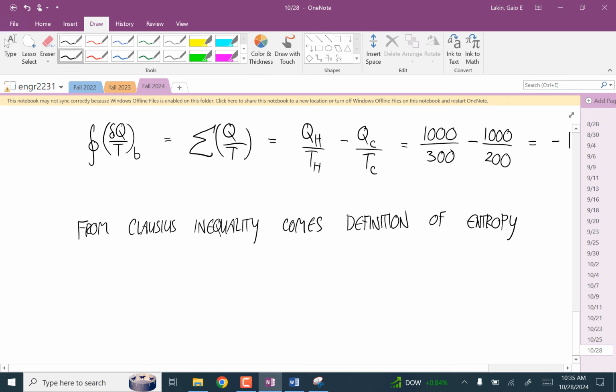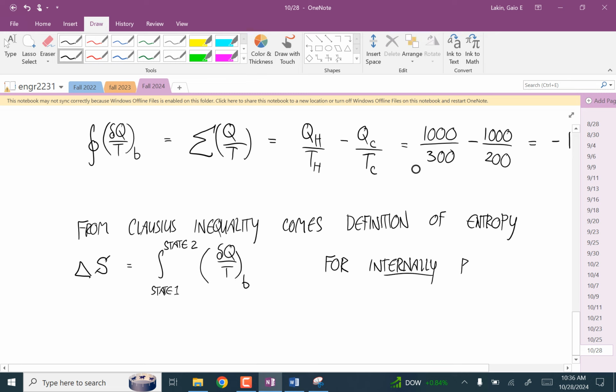So the change in entropy, capital S, is defined as the integral from state 1 to state 2 of squiggly d q over T around the boundary for an internally reversible system.